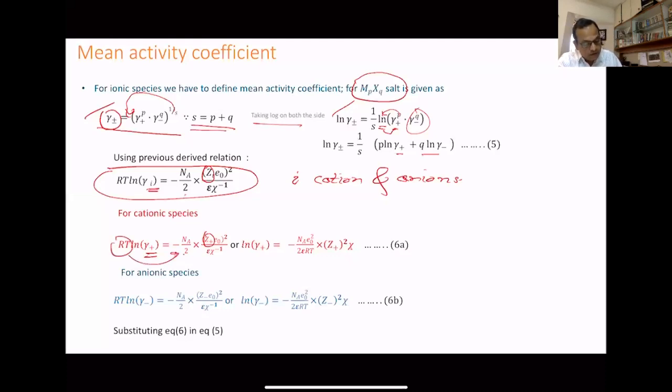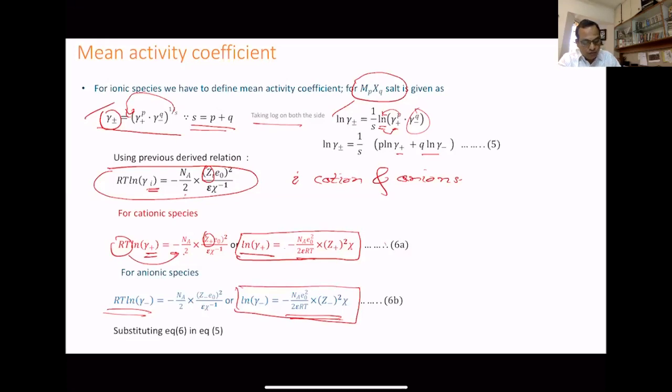So now ln gamma plus is equal to minus N_A e_0 square over 2 epsilon RT into Z plus square into chi. I just represent this equation for cation. Similarly, I can do a similar treatment for anion and I get this kind of equation. So for ln gamma plus I have this equation and for ln gamma minus I have this equation.